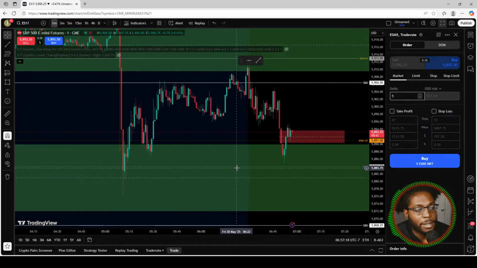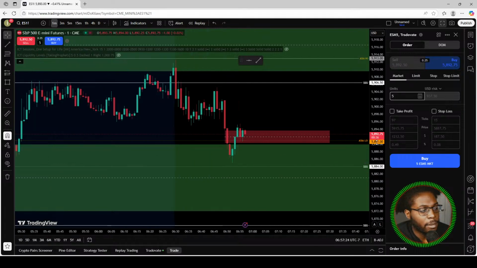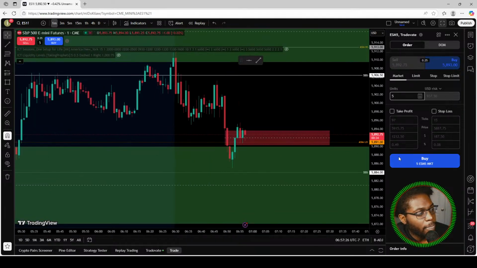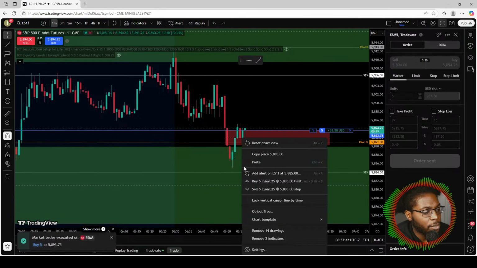It's coming back to happening into that. Yeah, so I think I'm gonna go ahead and try for longs right here, and then I'm gonna put my stop at the bottom of this swing.